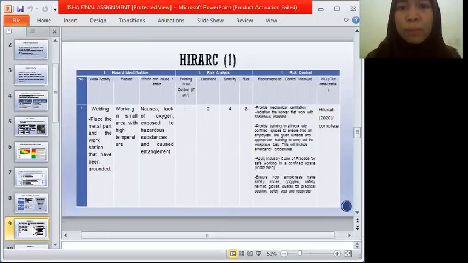The employer should apply the industry code of practice for safe working in a confined space, which I found in DOSH ICOP 2010. Lastly, ensure your employees have safety shoes, goggles, safety helmet, gloves, and overalls for the practical session. This is for practice to use the PPE, safety vest, and respirator.